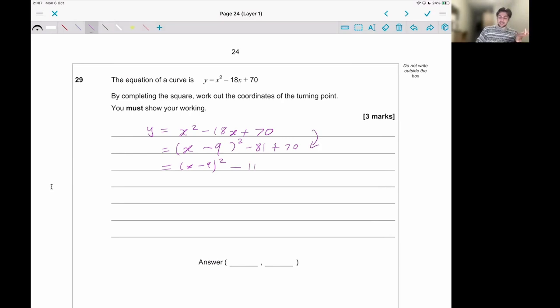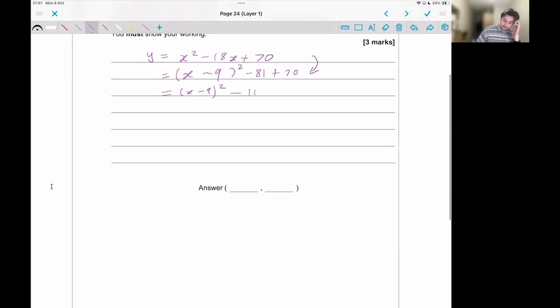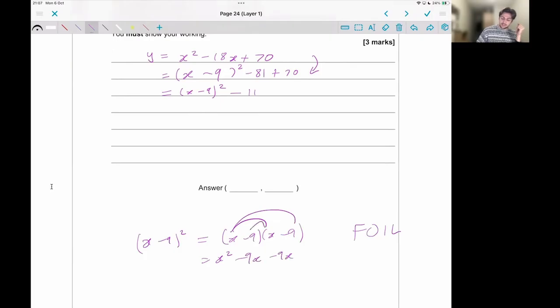Why is it that we do this step? Where does completing the square come from? Well, if we were to expand the brackets of x minus 9 squared, we'd have x minus 9 times x minus 9, and using first, outside, inside, last, we get x squared minus 18x plus 81.